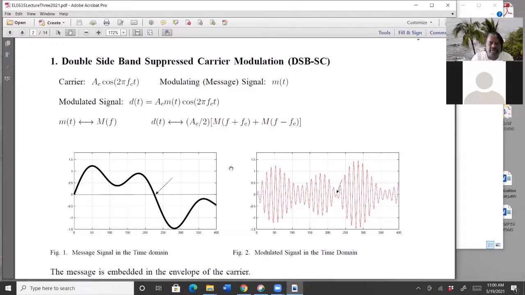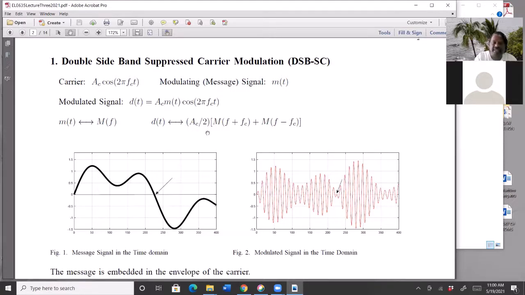Okay. Before that, what is the Fourier transform of this? Now we already proved this like half an hour ago. If you know the Fourier transform of m of t is capital M of f, m of t multiplied by cosine 2 pi fc t is the same spectrum shifted to fc and minus fc, and there is a half there.